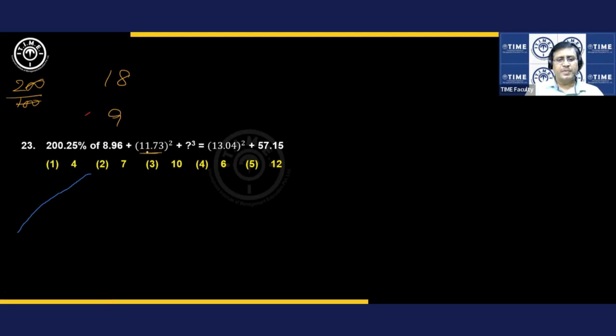Now what about this one? 11.73 means 12. 12 square, 144. Plus question mark cube is equal to 13 square. 13.04, the 0.04 is a negligible part, so 13 is the approximate value. 13 square, 169, plus 57.